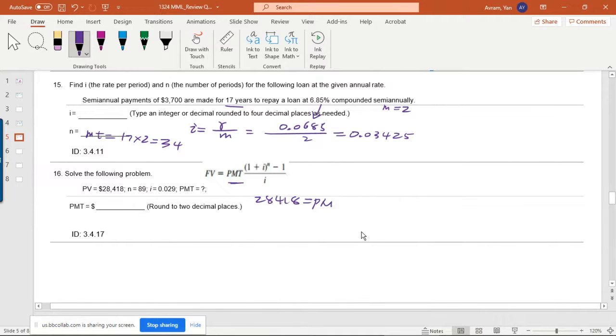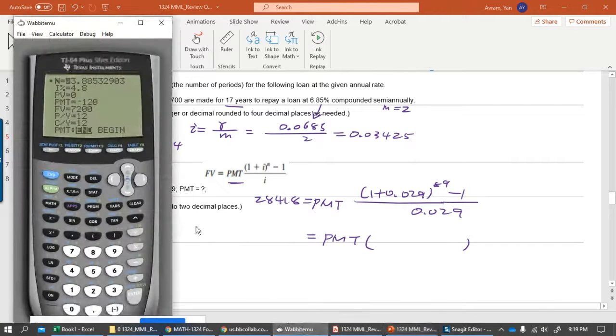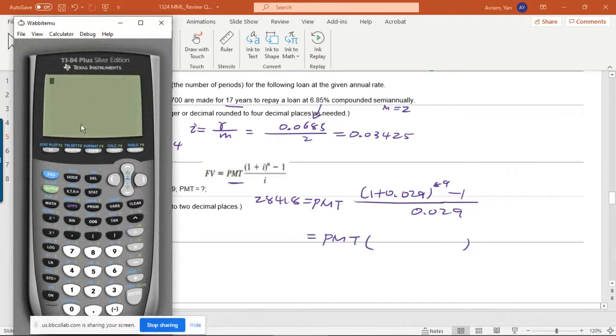You're gonna calculate this whole thing on the right-hand side before you divide by that, okay? So I can show you both ways in here.